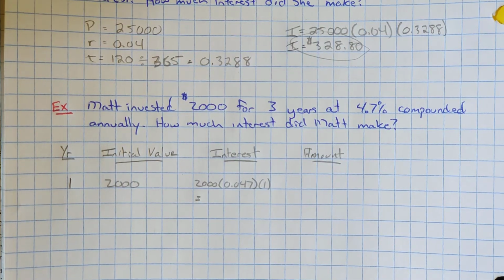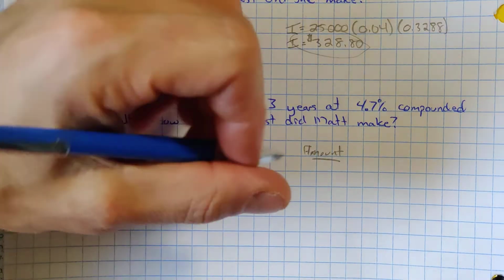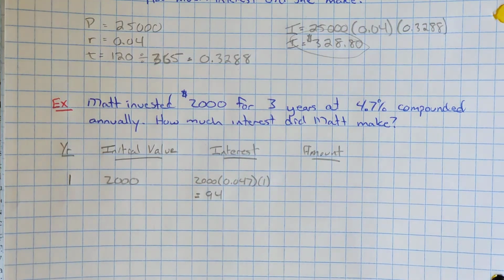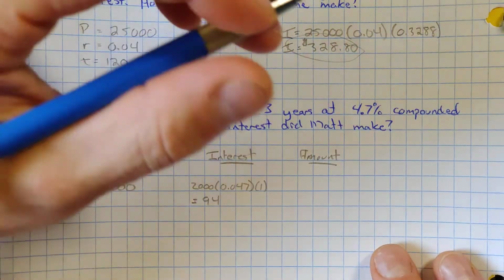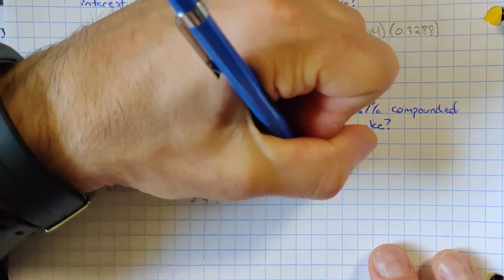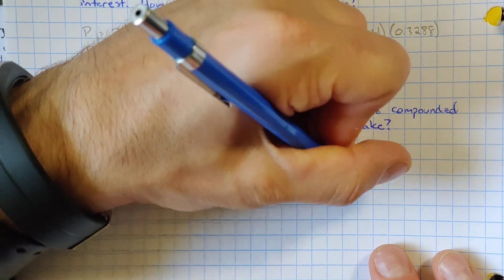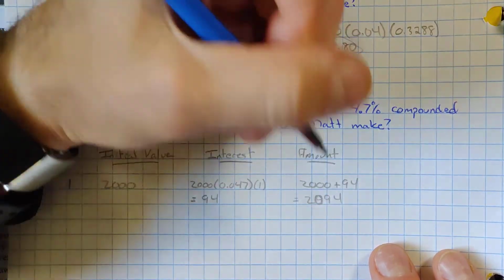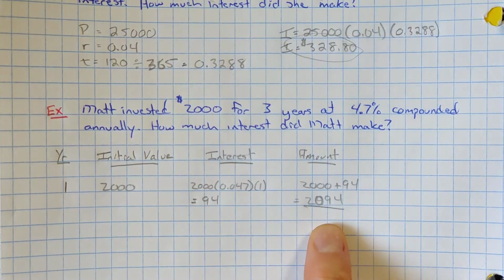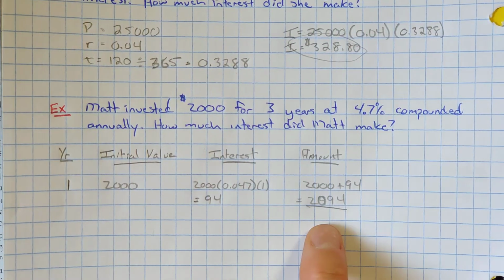So let's see, how much does Matt make after 1 year? $2,000 times 0.047 times 1. He makes $94. So after his first year, Matt's made $94. So what's his amount? 2,000 plus 94, or 2,094. So there's his amount after 1 year. He's made $94 in interest.